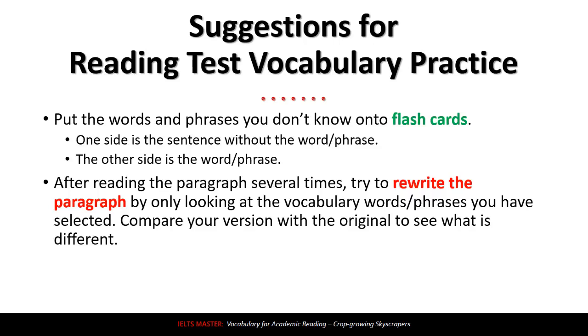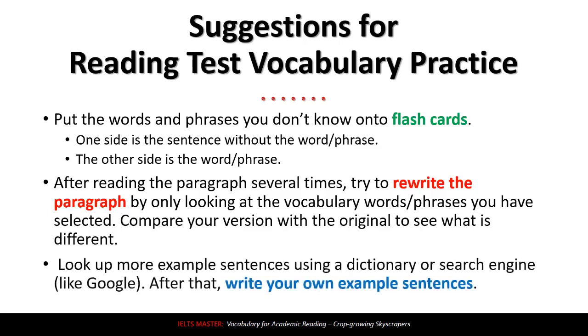So that's good for this exercise as well. And then last, look up more example sentences using a dictionary or search engine like Google. After that, write your own example sentences. So definitely take a look at a dictionary or search engine first, but after you're done with that, you can write your own example sentences.